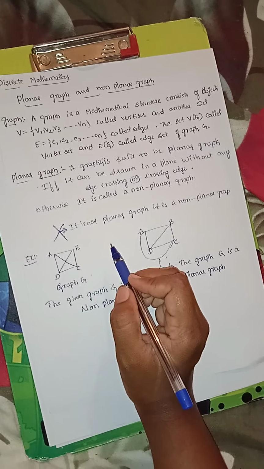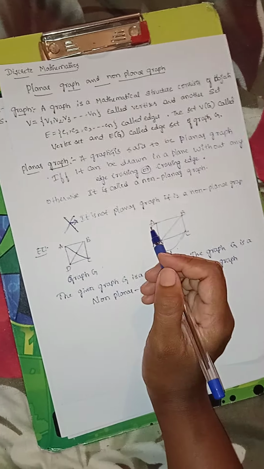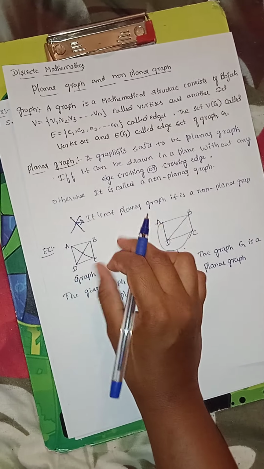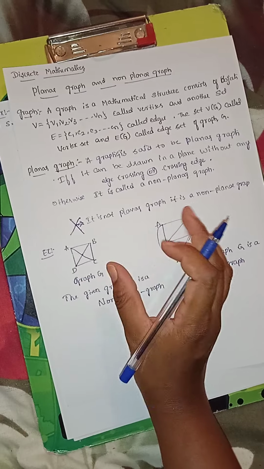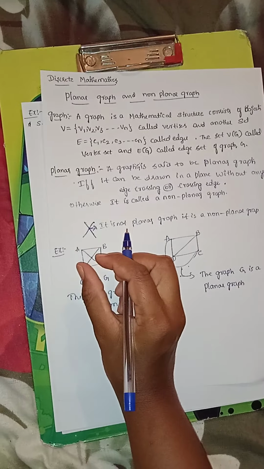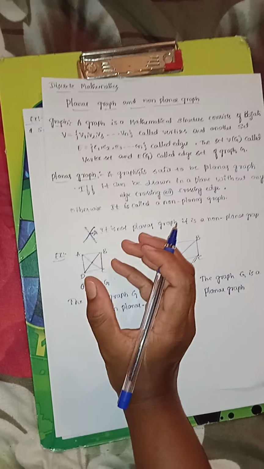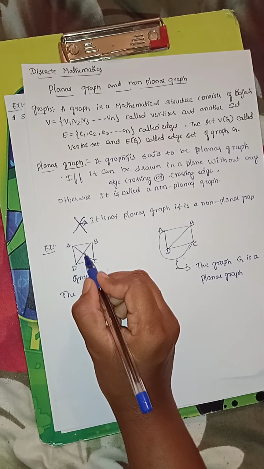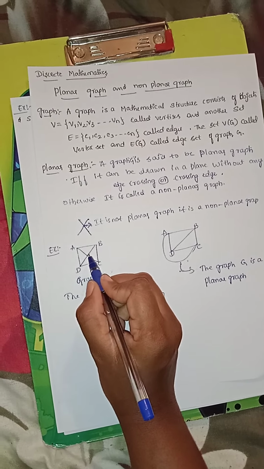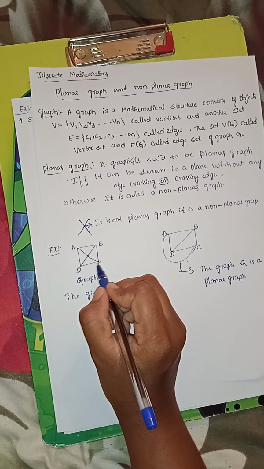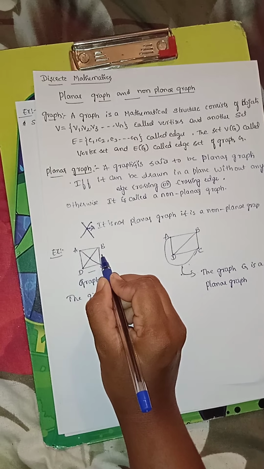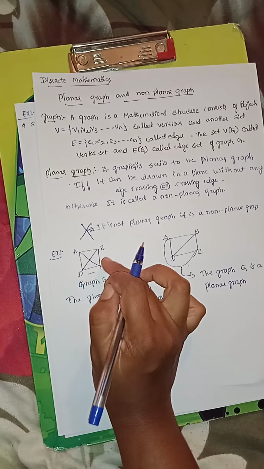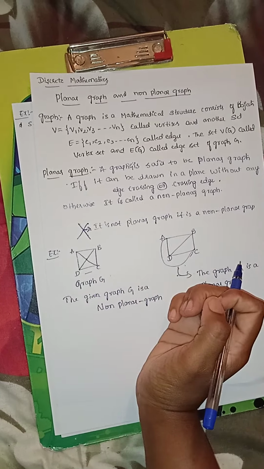This graph is complete because every two vertices are connected by an edge: A and B, A and D, D and C, B and C.